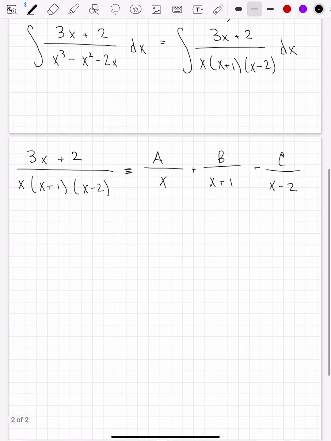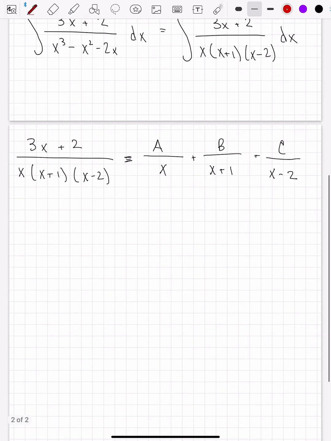Right? So the first thing that we do, we want to get the A, B, and C down. That's what we're trying to solve for. So we'll multiply both sides by x times x plus 1 times x minus 2.